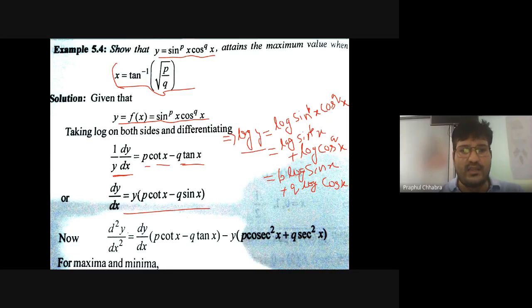इसी तरीके से x के रेस्पेक्ट में एक बार और डिफरेंशिएट कर लीजिए और d2y upon dx2 फाइंड कर लीजिए. So d2y upon dx2 will be this, right? Now for maxima and minima, the first order derivative must be 0.